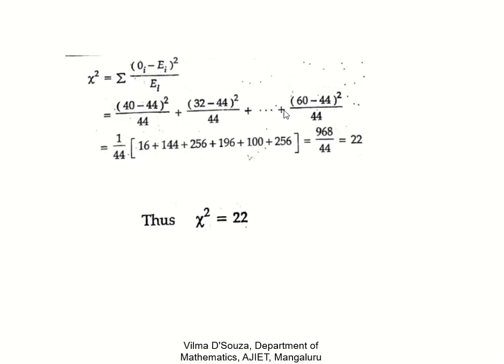So for the sum of all this, the denominator is common here, so you can take it out. Only in this problem it is common, it need not be common in all problems.